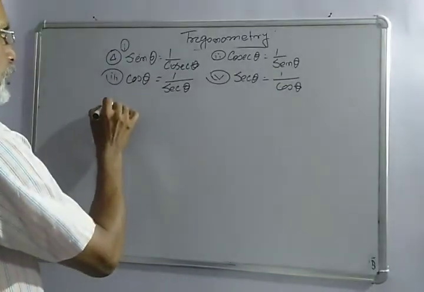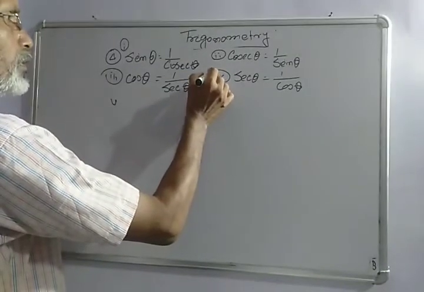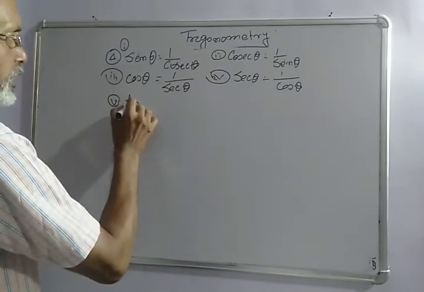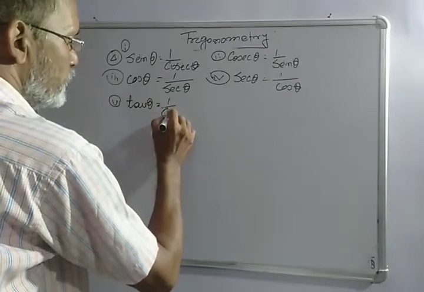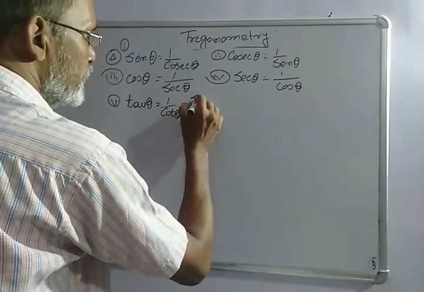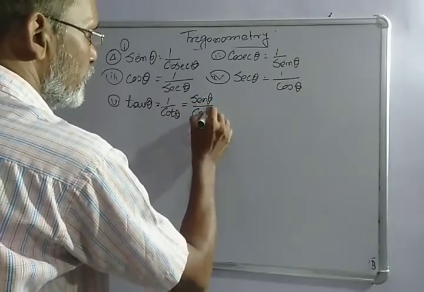Then number 5, tan theta is equal to 1 by cot theta, and that is also equal to sin theta by cos theta.